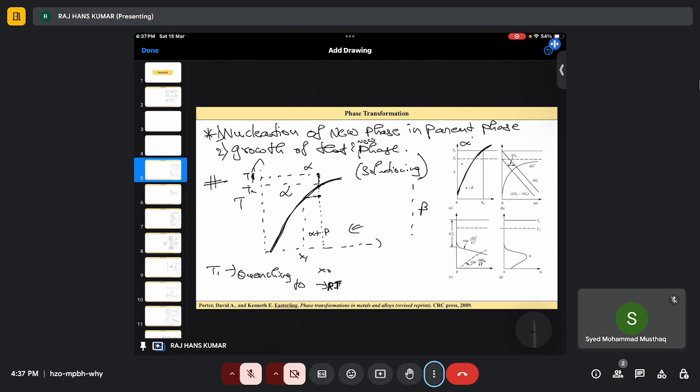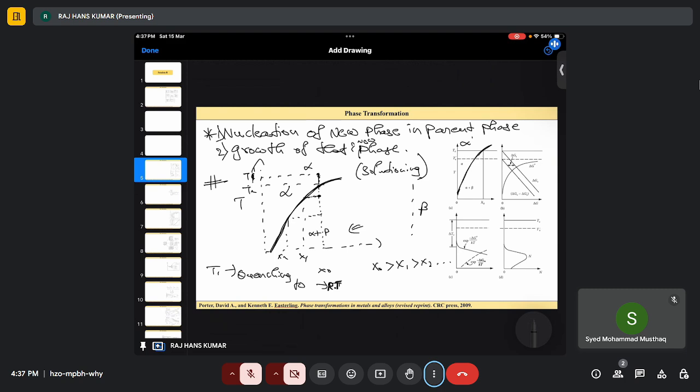And again at T3, I have a solubility limit of X2. So X0 is greater than X1 is greater than X2 and so on. That means with decreasing temperature, the solubility limit, or the amount of solubility of the B element in the alpha phase, is decreasing, right?